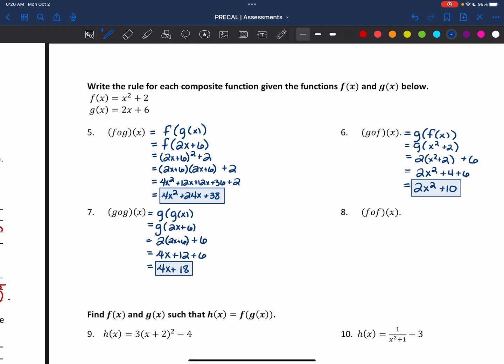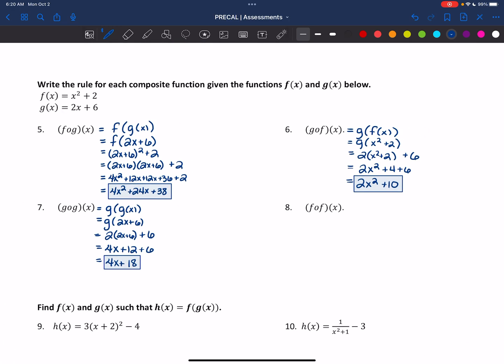Now likewise, let's do so for f of f of x. This is the same thing as saying f of f of x. So we're going to take our f function, but what we're going to plug in is not just x, it's going to be f of the input of x squared plus 2.